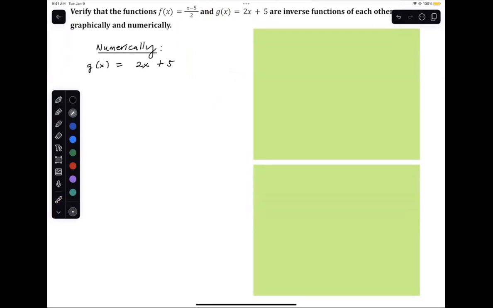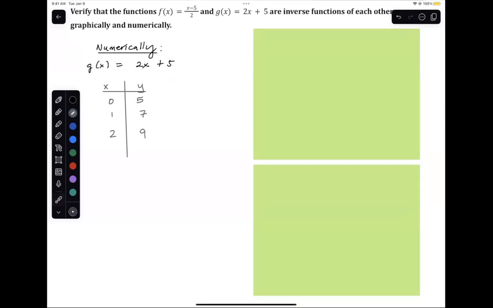Just to build a table, I'm going to make my life easier and pick 0. If x is 0, the output is 5. If x is 1, 2 times 1 is 2, plus 5 is 7. If x is 2, 2 times 2 is 4, plus 5 is 9.